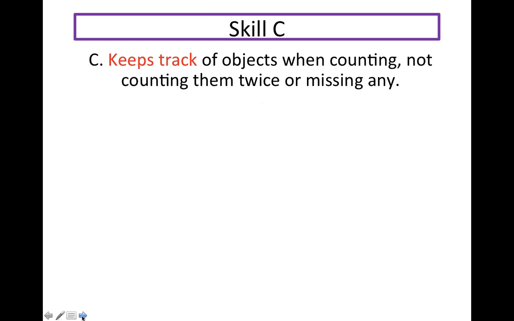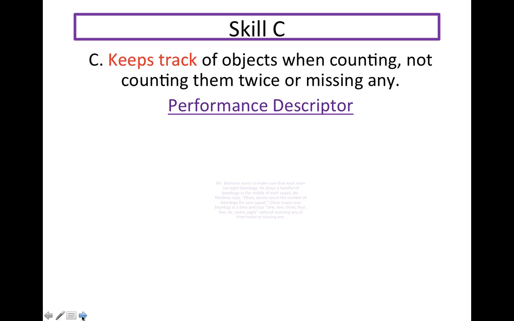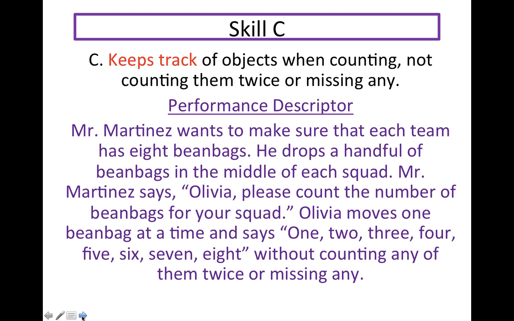Skill C is students keep track of objects when counting, not counting them twice or missing any. And an example of this is Miss Martinez wants to make sure that each team has 8 bean bags. I said miss, I meant mister.